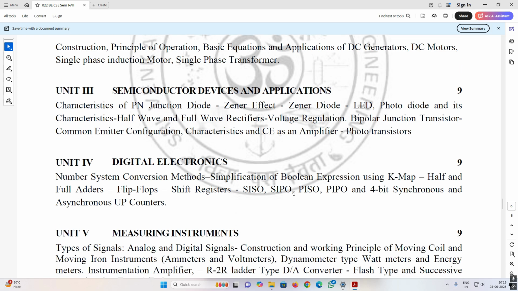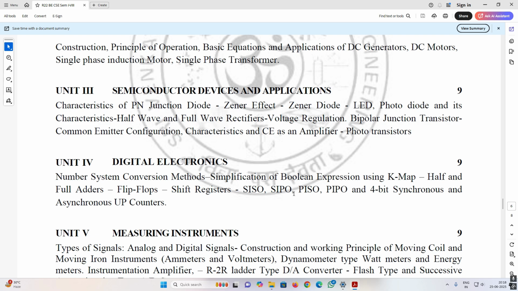Next we have unit 4. It is an introduction to digital electronics. See, nowadays almost the entire world is digital. So the watch you are wearing is digital, and the smartphone, cell phone you are using is entirely digital.